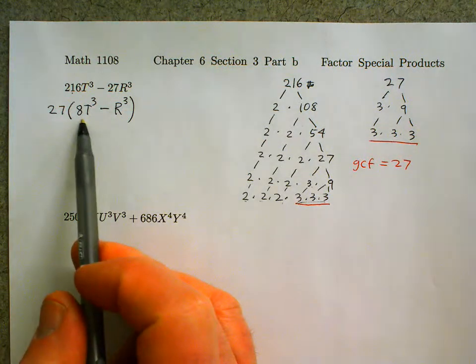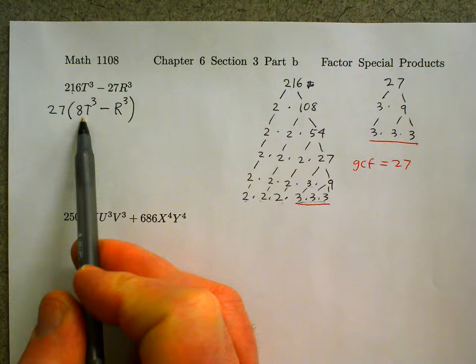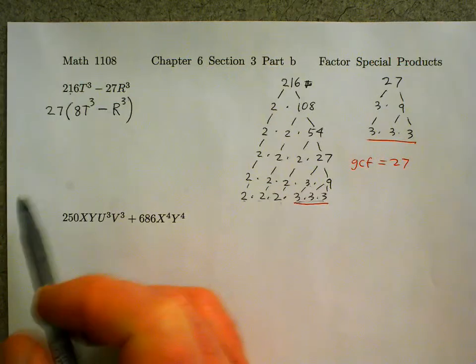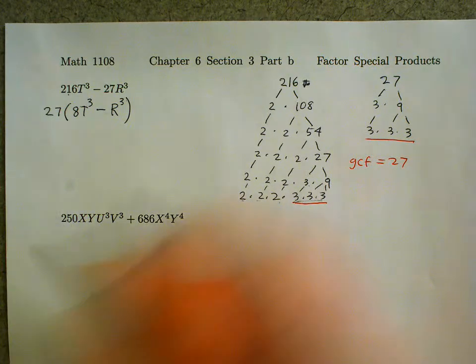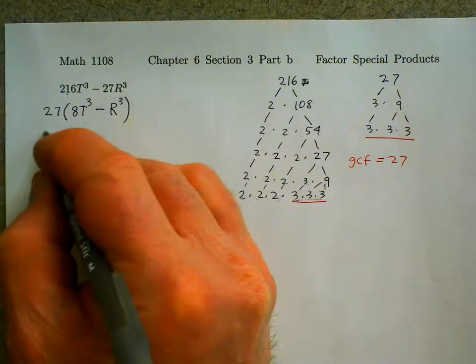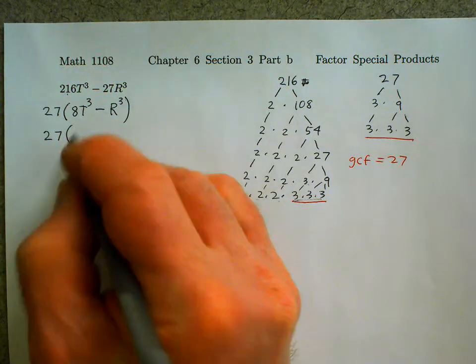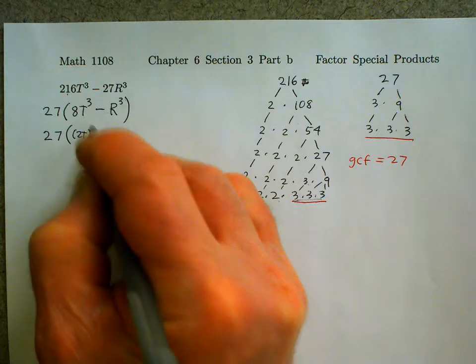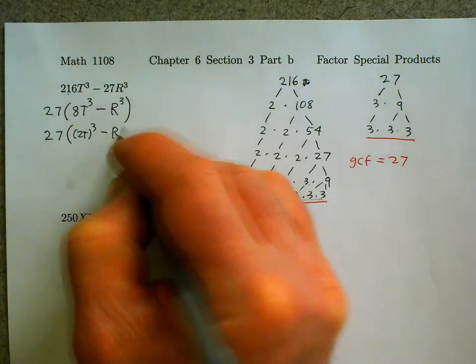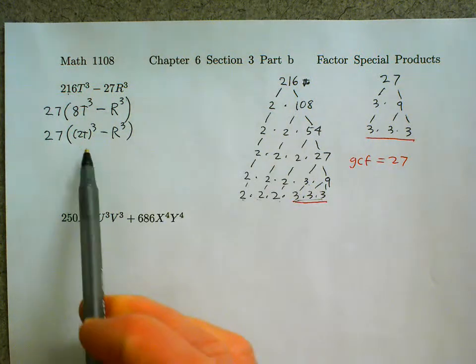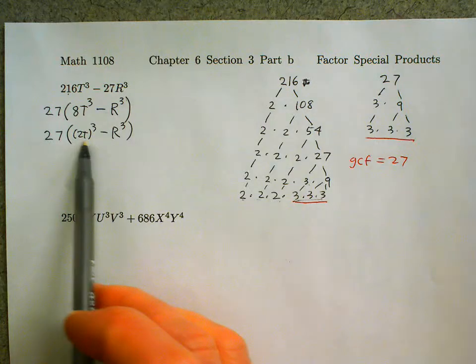And inside the parentheses, we have a difference of cubes. So we can rewrite 8t to the third as the term 2t to the third. And then we'll apply the difference of cubes factoring formula.